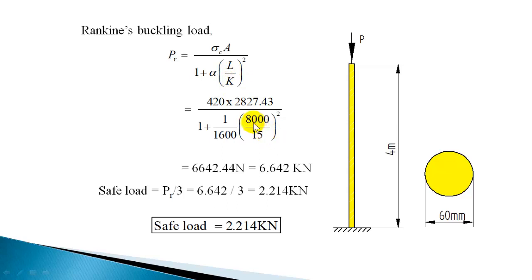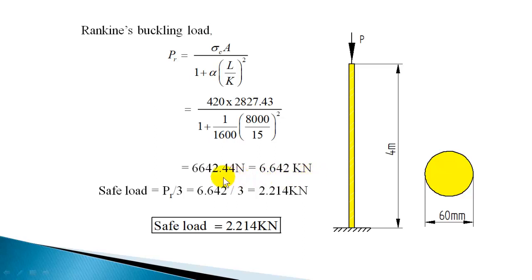L by K, L is 8000, the effective length, and we got the radius of gyration as 15. Substituting that, you will get Rankine's crippling load. The column may be failing due to buckling or crushing. So Rankine's failure load is 6642.44 Newton or 6.642 kilonewton.